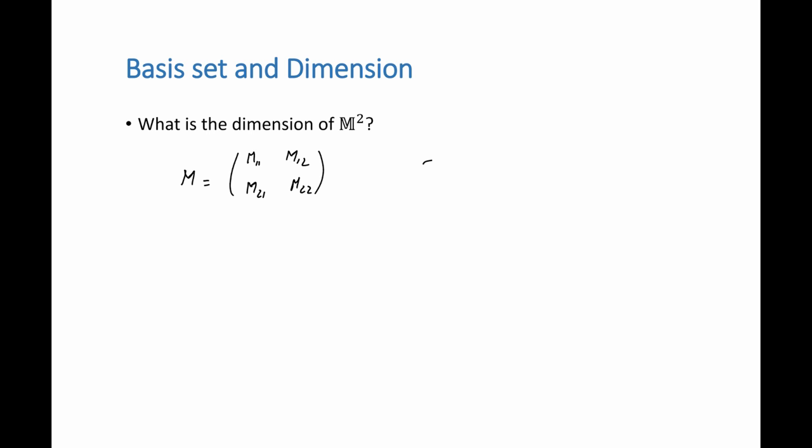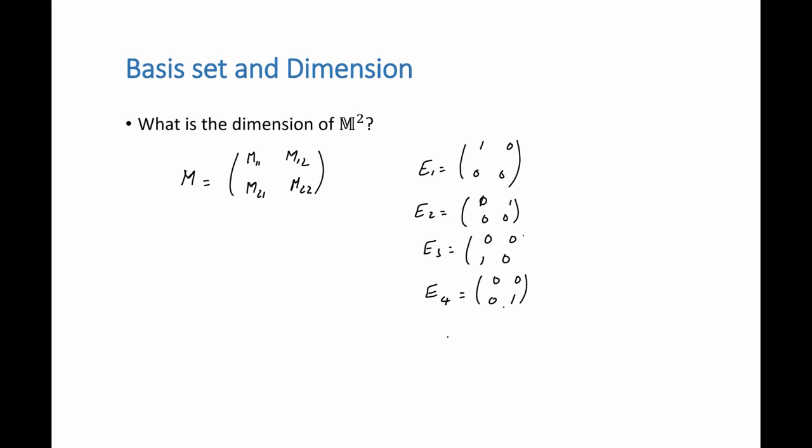if you think of E1 as (1, 0, 0, 0), E2 as (0, 1, 0, 0), E3 as (0, 0, 1, 0), and E4 as (0, 0, 0, 1), then the set B, which is equal to E1, E2, E3, and E4, is a linearly independent set of vectors.